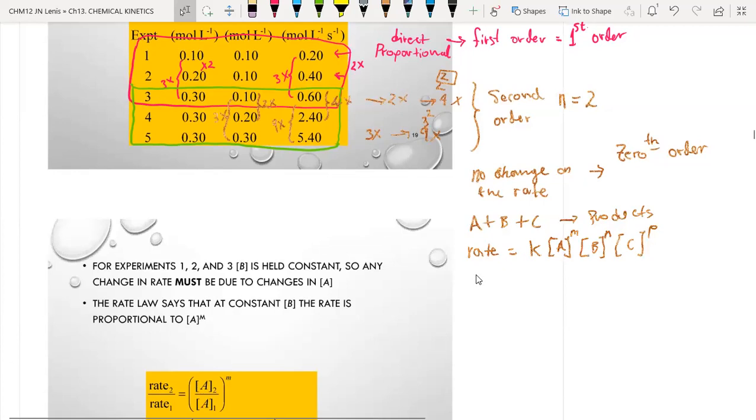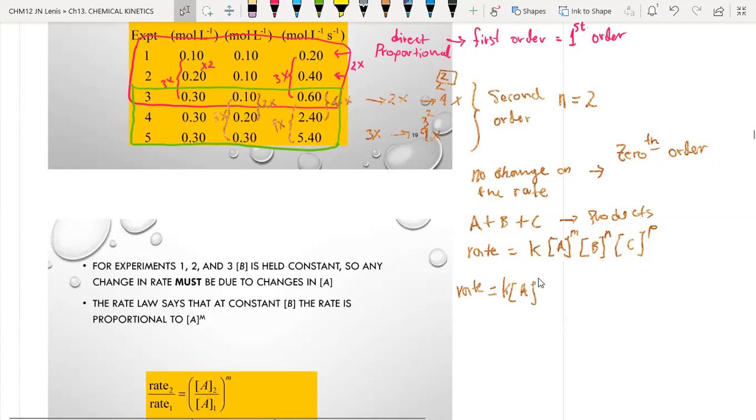So you can say, okay, rate for that. Once you find the orders, you can replace the orders. Let's suppose we have this reaction. So now we know the rate equals constant times concentration of A. And what is the order we found for A?